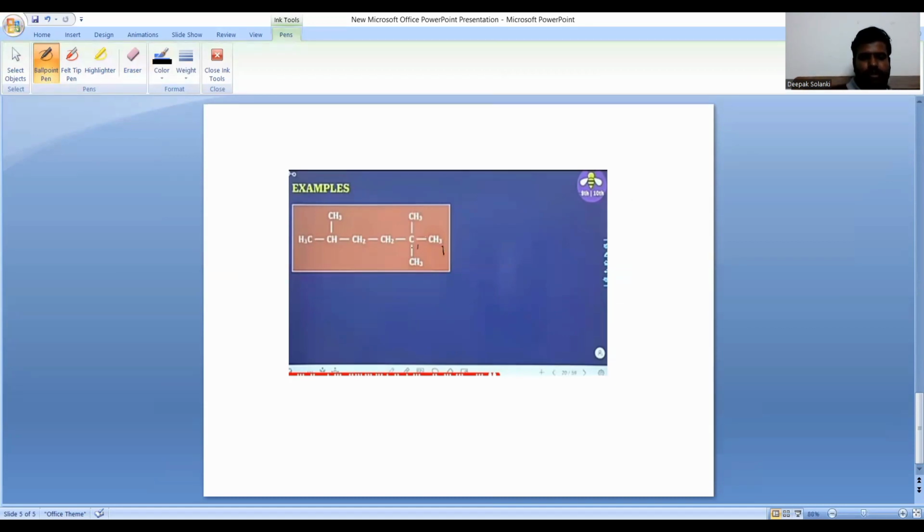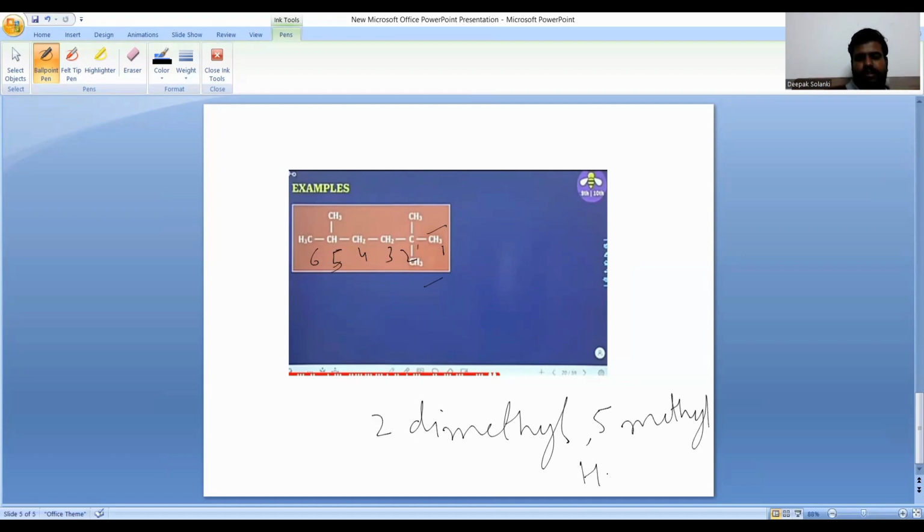So this is first, second is this, third is this, fourth is this, fifth is this, and sixth is this. So the name will be 2,2-dimethyl, because 2 substituents are there, and at the fifth position one more methyl is there, 5-methyl hexane. This will be its name.